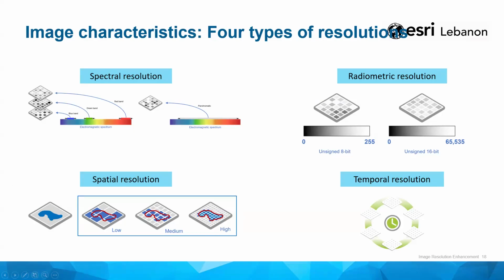The other type of resolution is the spectral resolution, which is how many wavelength bands we have. For example, RGB gives us three bands, while a multispectral sensor might give us 8 narrower ones. The third one is the radiometric resolution, which is the bit depth.